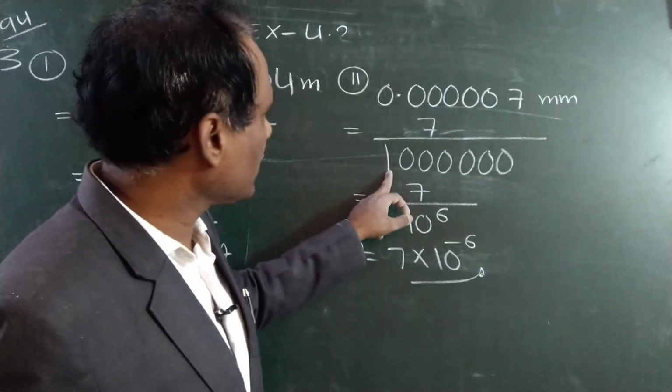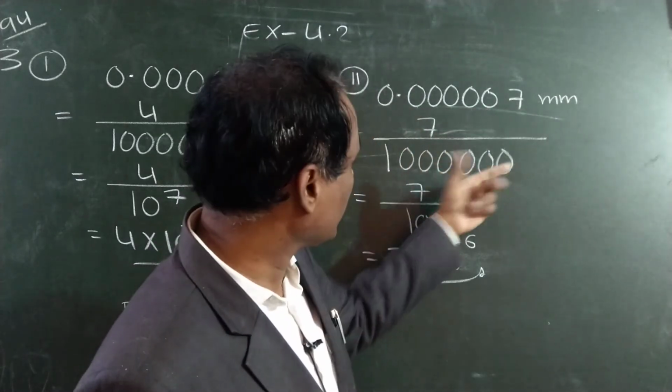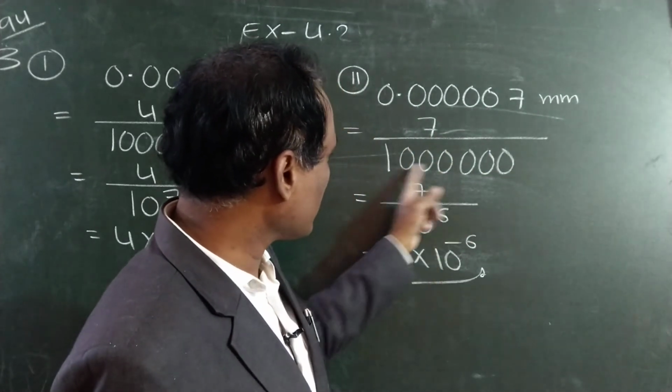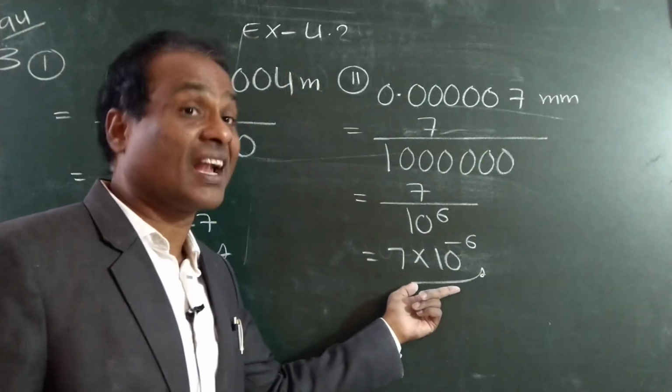Removing the decimal, after 1, how many digits? 6 digits. So 6 zeros. 6 zeros can be written as 10 to the power of 6. Into the numerator, 10 power minus 6. This is the standard form.